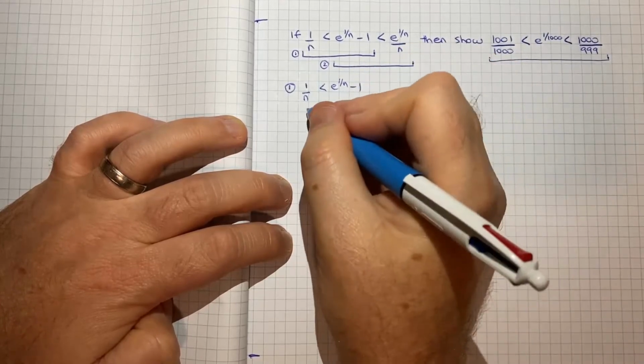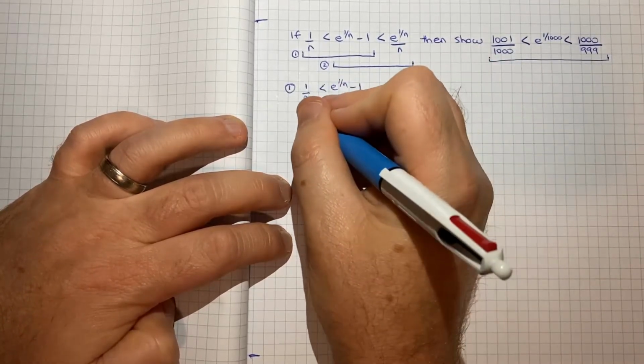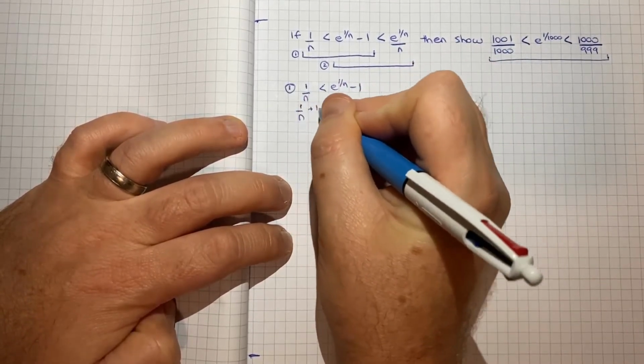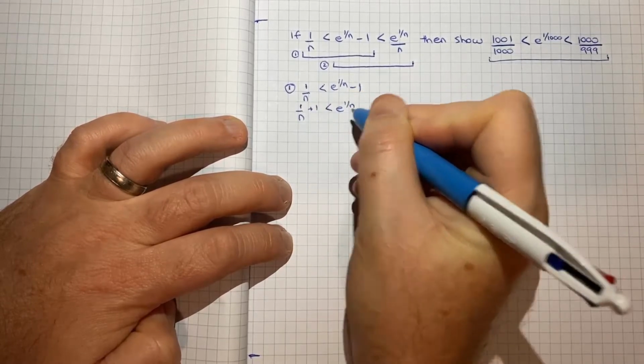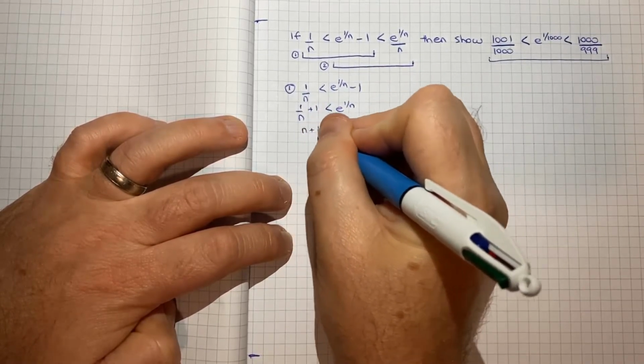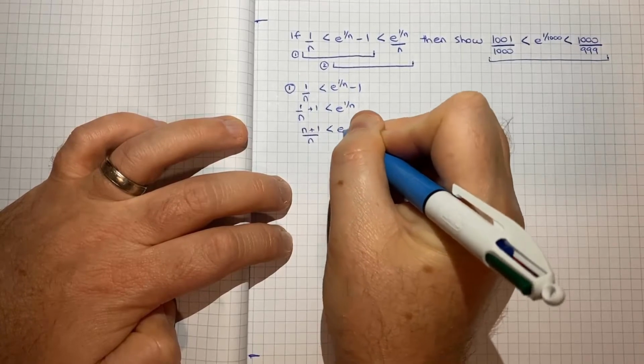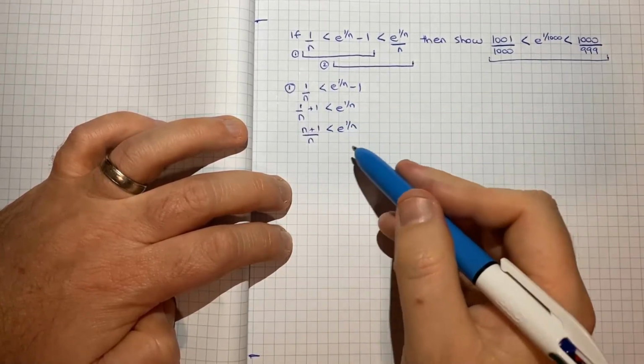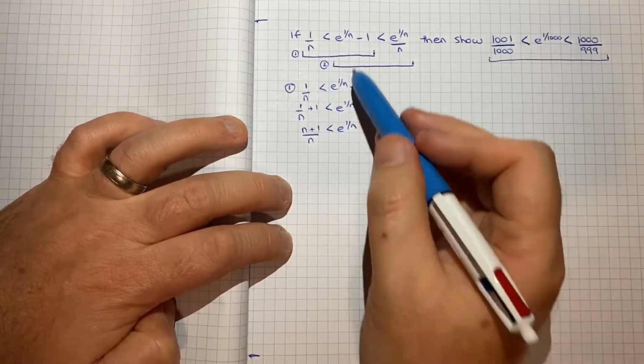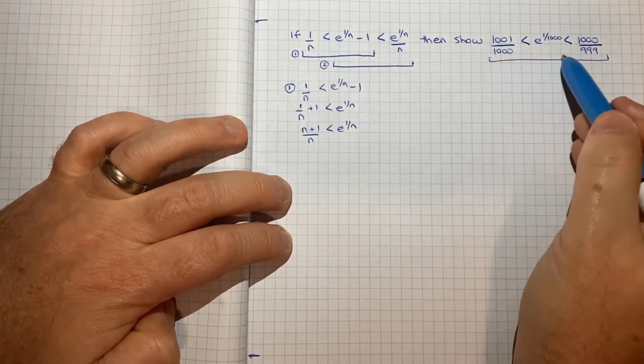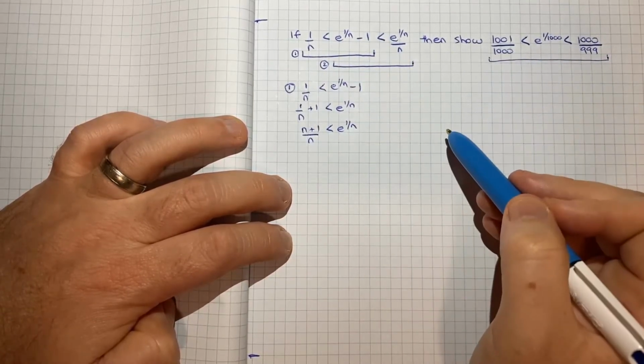We can just rearrange, we bring the 1 over, so we get 1 on n plus 1 is less than e to the 1 on n. So n plus 1 on n is less than e to the 1 on n. And that was fairly simple to get this part into the format that we needed for this proof.